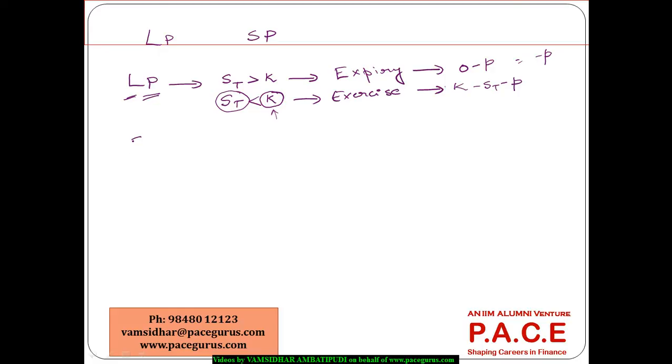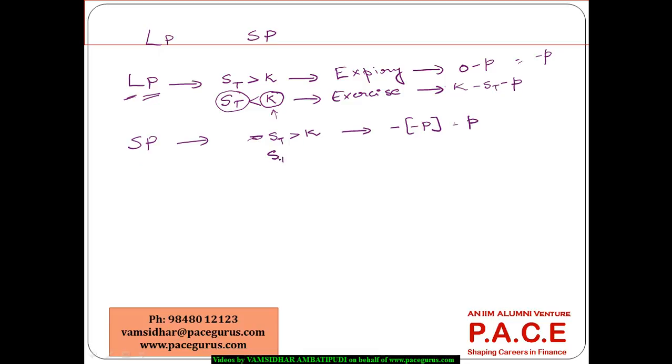Similarly, when I look at it from a short put position, it goes exactly the other way. Whatever is the payoff for the long, the opposite of that is going to be the payoff for the short. Stock price greater than the strike price, the opposite of minus P, which is P, is going to come up.